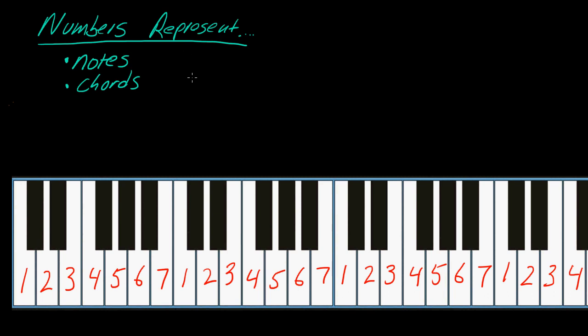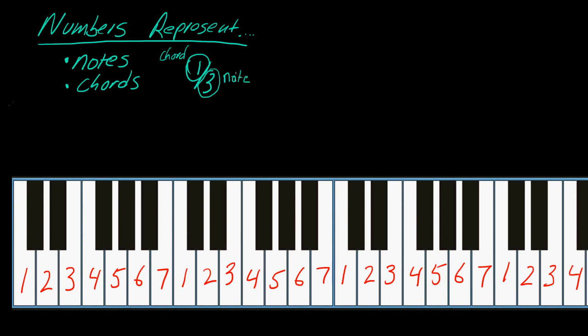An example of when that would come up in this type of chording would be when you encounter chords that have a slash in it like this. Let's say 1/3 is a common chord. Now I have a lesson on slash chords that you'll want to definitely go see, but in a nutshell, the number on the left represents the chord, and the number on the bottom or the right represents the note.